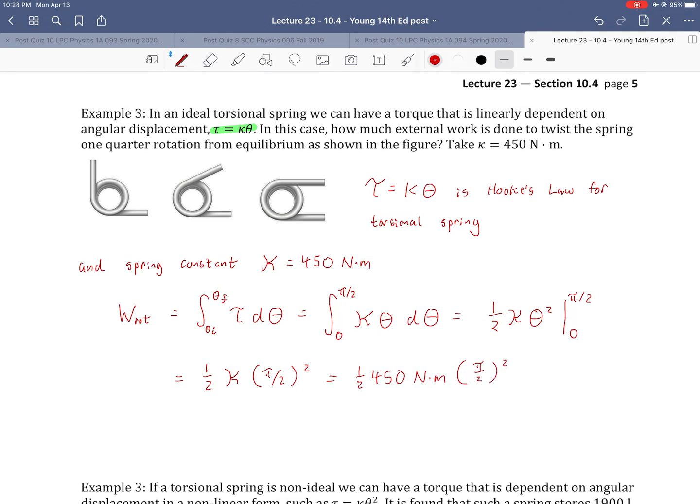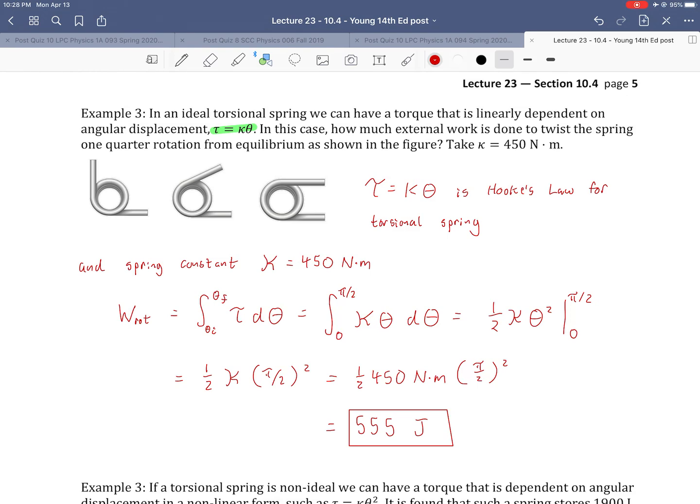That gives us a value in Newton meters, or joules. I put it in joules because I like to express work in joules as often as Newton meters. I'm not a stickler for one or the other. It's 555 joules. That's how much energy, because work is energy, it would take to twist this particular spring, to load it.